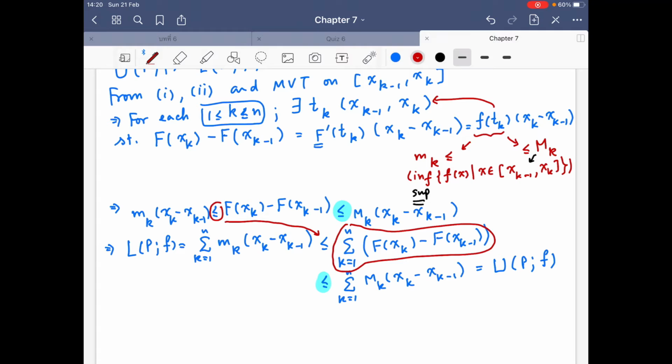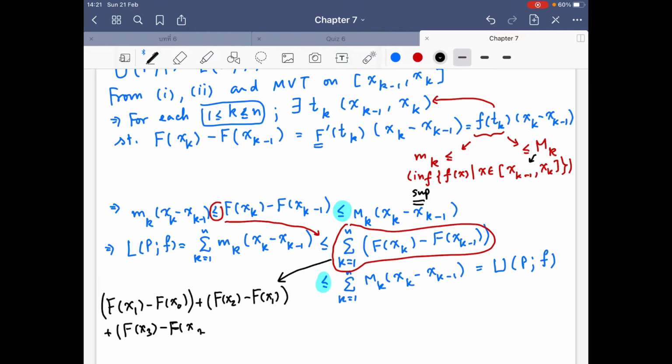Okay, looking at this one, we did it several times. As you expand it, it will give you f at x1 minus f at x0, and then f at x2 minus f at x1, and then f at x3 minus f at x2, right? And so on, up to f at xn minus f at xn minus 1.